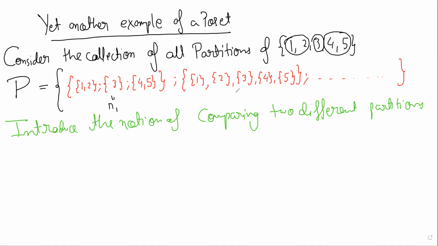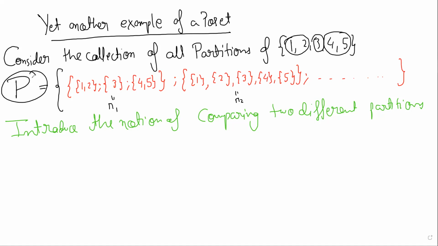This is one partition. Pi2, this is another partition. So remember, the order does not matter, right? If I replace this 4, 5 by 5, 4, it doesn't really matter, obviously. So we would like to introduce the notion of comparing two different partitions, which formally speaking just means that you want to make this set of all partitions into a partial order. And it will be incredibly useful later on.